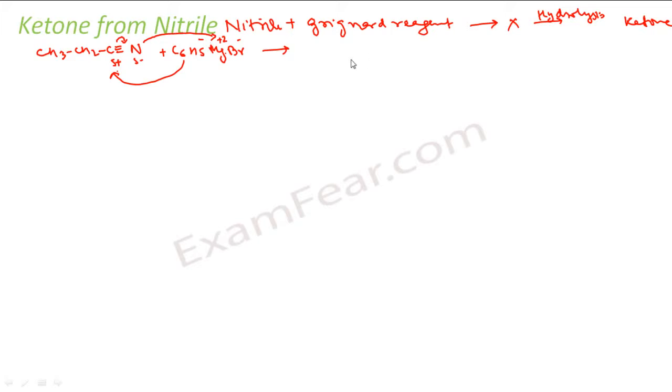Correct? So we have seen these kinds of examples. This becomes CH3CH2, C double bond N, and here I'll have phenyl, and here I'll have MgBr. Correct? So now here also, if you see, nitrogen will have a lone pair of electrons.